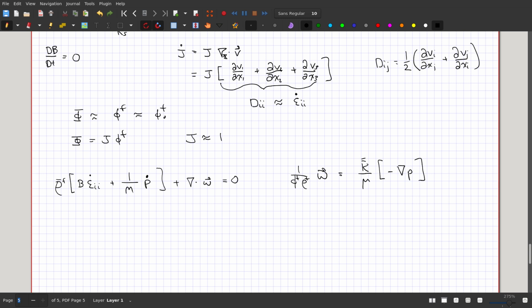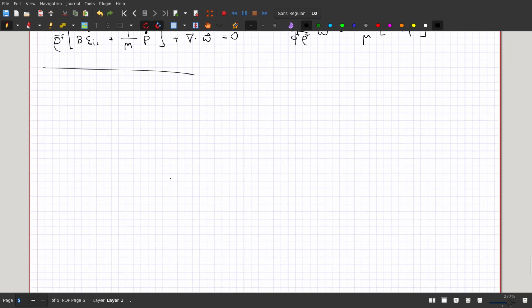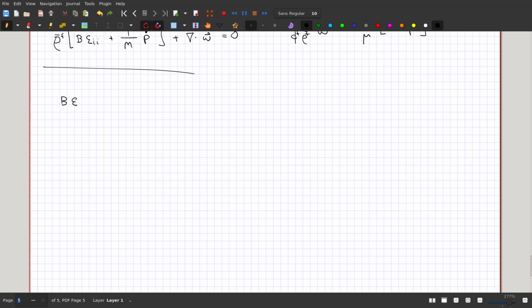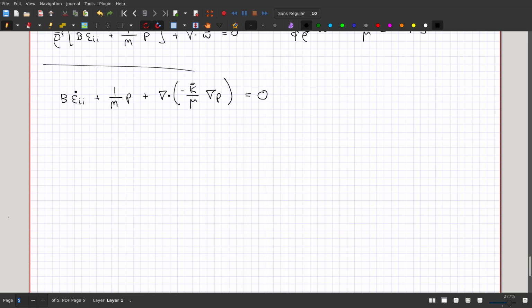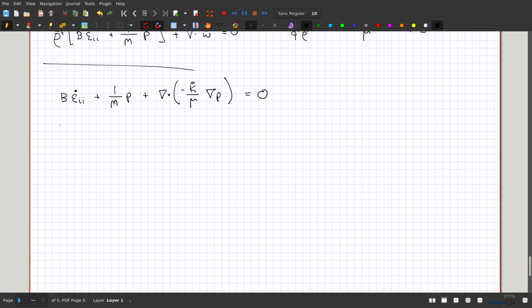So then ultimately, the final equations that we're going to solve, that's the conservation of mass equation coupled to the solid deformation, and then our conservation of momentum equation.